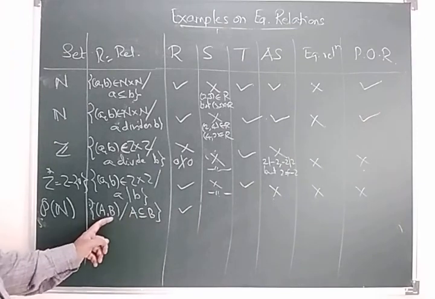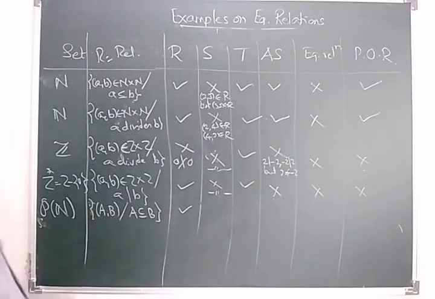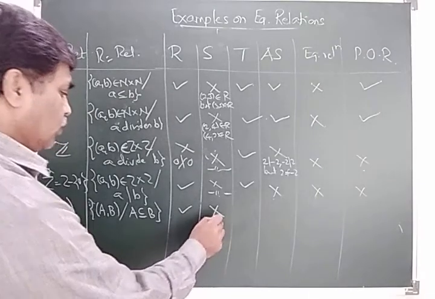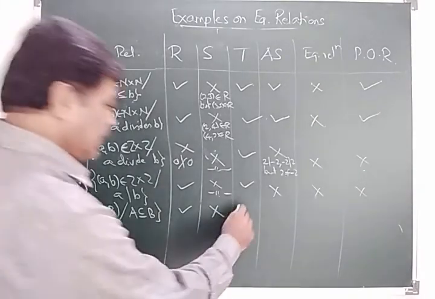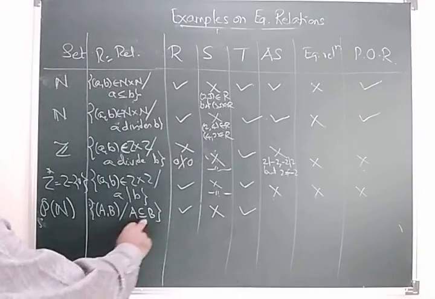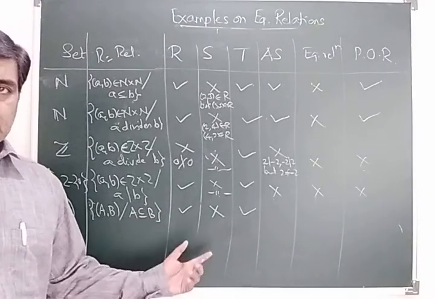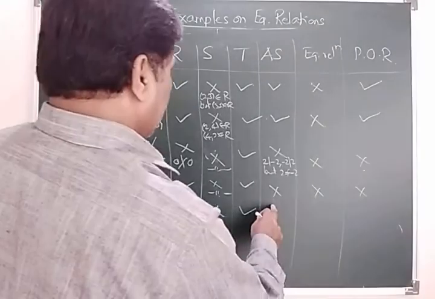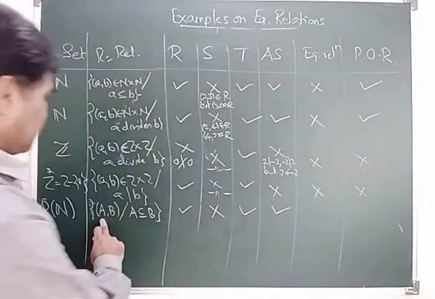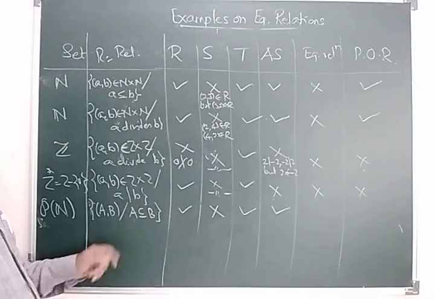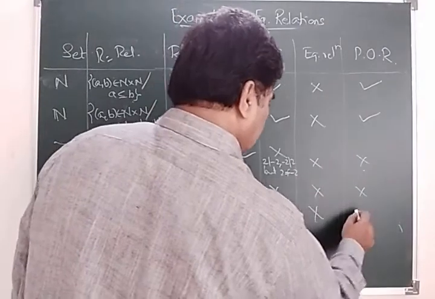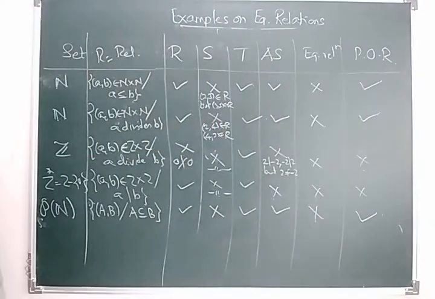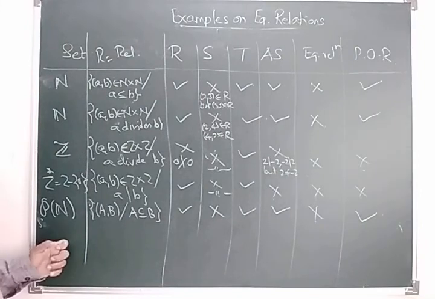If A is a subset of B, then B may not be a subset of A. Transitivity holds: A subset of B and B subset of C implies A subset of C. Antisymmetric, yes: if A is a subset of B and B is a subset of A, then A equals B. Is it clear?